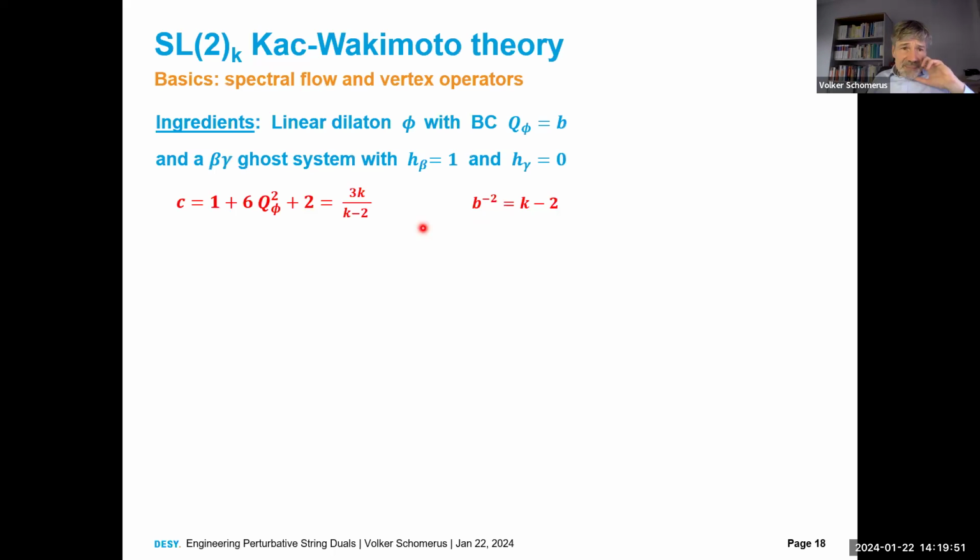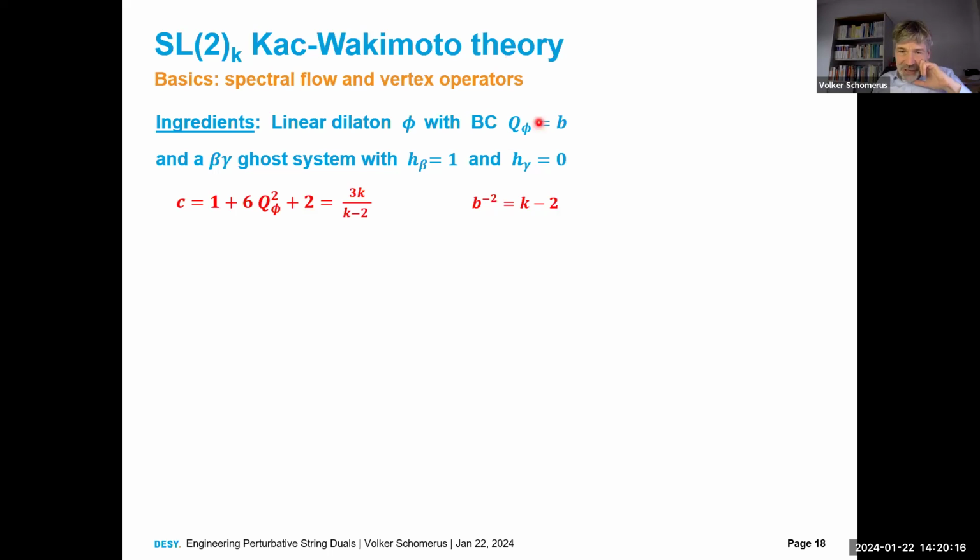So let me first talk about something I'll call SL(2,R) Wess-Zumino-Witten theory. It's a free field theory that I'm describing, and I purposefully did not call it Wess-Zumino-Witten theory, although often it's not distinguished so clearly. But now I'm talking about a free field theory that has a linear dilaton phi, which is not the same linear dilaton that we had before.